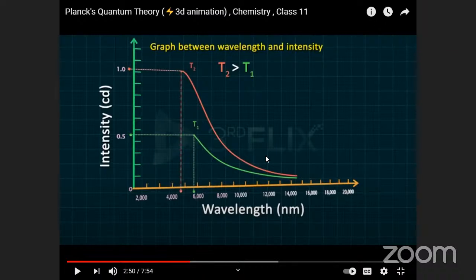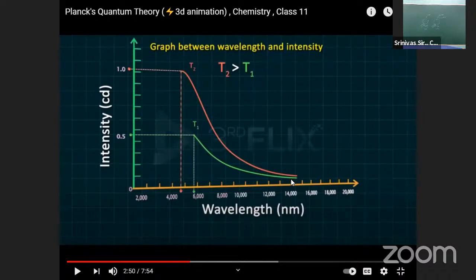Both ways are right. So according to him, there are two different curves taken. One is the green curve, which is at a particular temperature T1. When a black body kind of substance gets heated, it emits radiation, which is nothing but light. That light is associated with some wavelength. So as a function of wavelength, how does the intensity vary? On the vertical axis, intensity is taken.